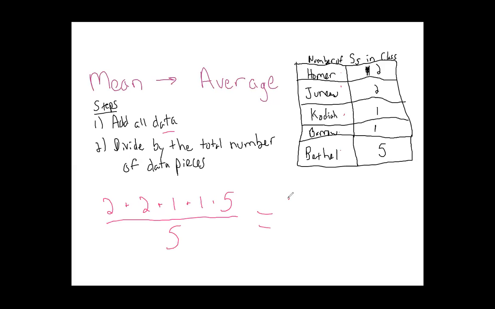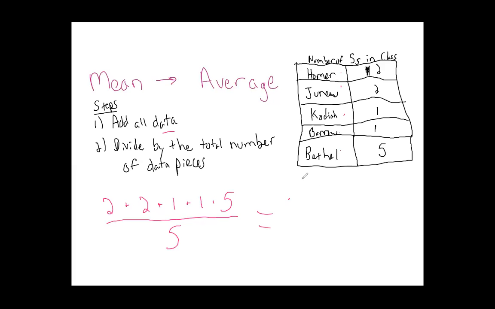What I would do if I were doing this on my calculator, to be honest, is just add up all the numbers first. So I'd hit 2 plus 2 plus 1 plus 1 plus 5, and then I hit enter. And the answer is 11, right? And then I would leave it there, and I would just hit divide.